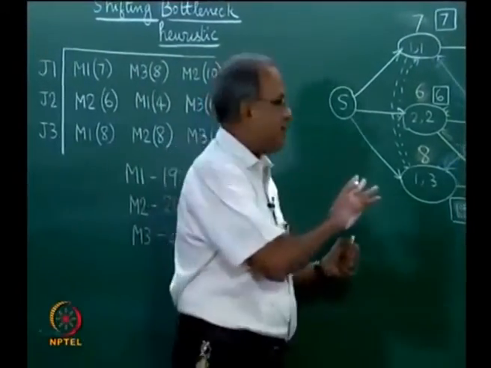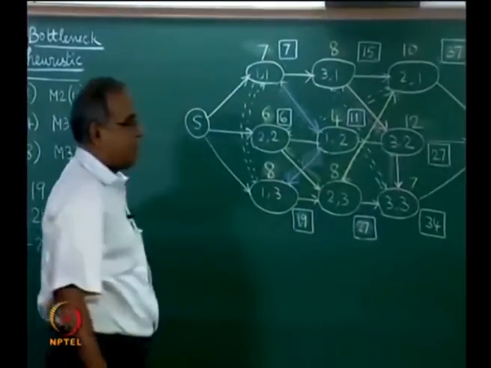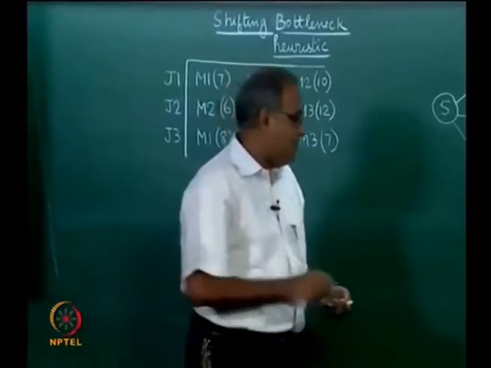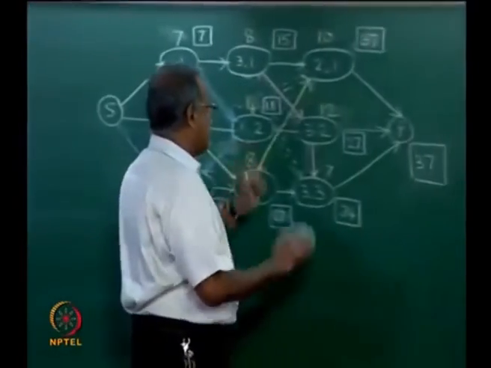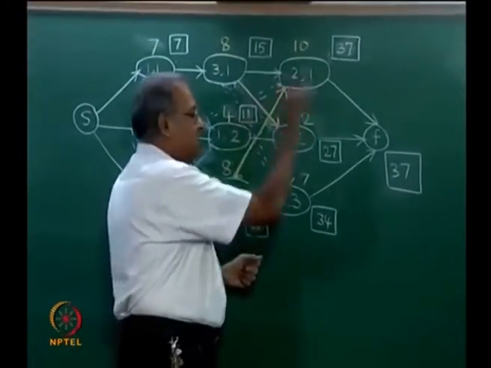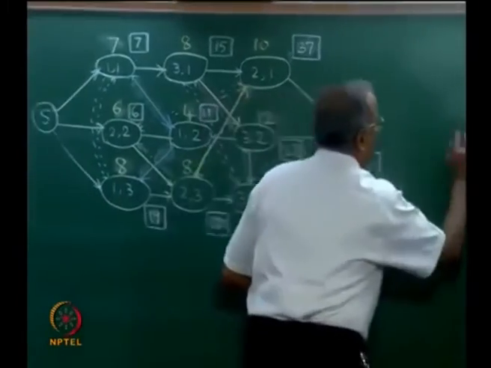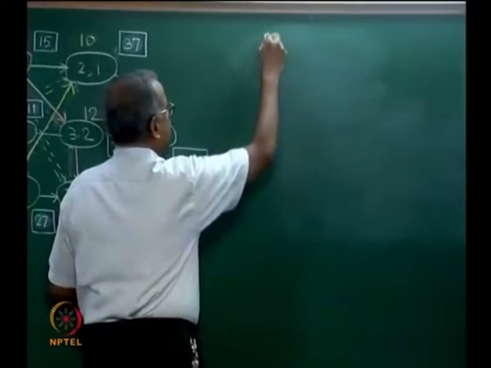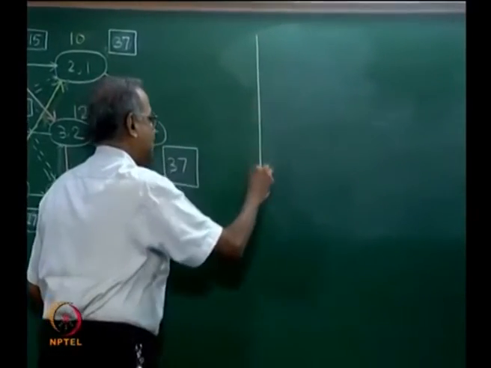Now, one way of representing it is on this network, the other way of representing it is on the familiar Gantt chart, and now we will represent this schedule on the familiar Gantt chart, which we are used to. So, we will now represent it on the Gantt chart.